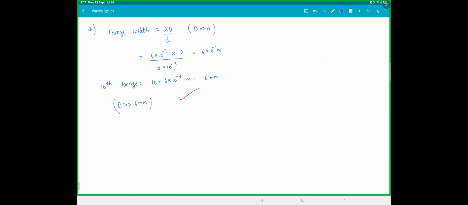But when you do the same thing for the 1000th fringe, this becomes 10 power 3 into 6 into 10 power minus 4. This becomes 0.6 meters. So here this is comparable. So y, which is 0.6 meters, is comparable to D.